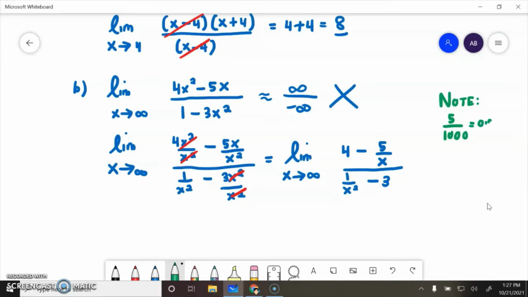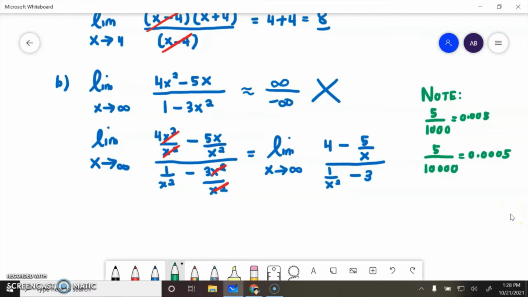You have 0.005. And what happens when 5 is divided by 10,000? 0.0005.